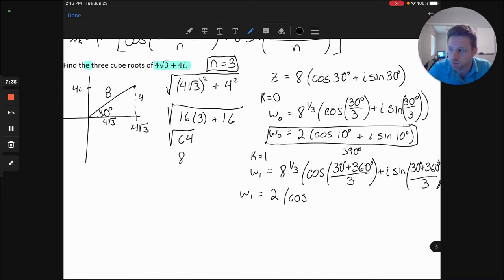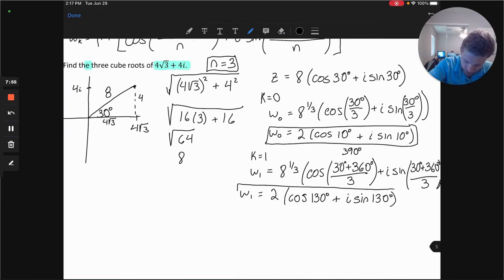That would be 130 degrees. So we have cosine of 130 degrees plus i sine of 130 degrees. So that's our second cube root.